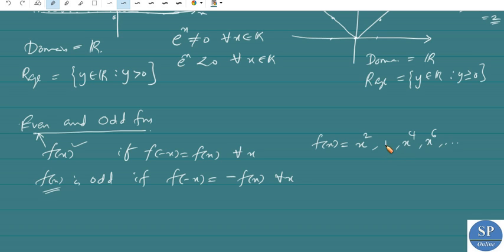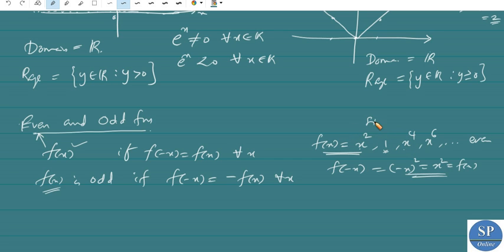That is, one is x power 0, this is x power 2, x power 4, etc. These are even functions, because if f of x equals x square, then f of minus x is equal to minus x whole square, which is equal to x square itself, which is equal to f of x. So this is an example of an even function. So all the even powers of x are even functions.